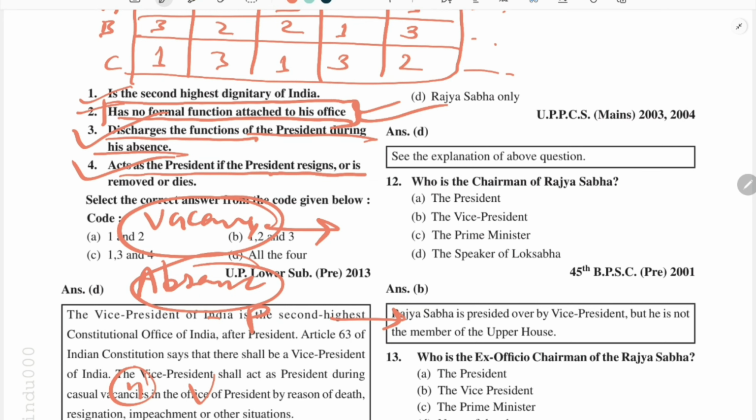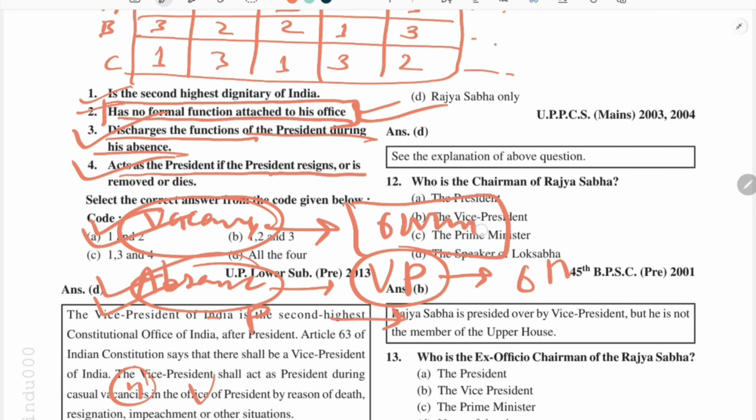When the president is absent due to illness or any other reason, then the vice president acts as a president until that president assumes his office. So he can act as a president more than 6 months in the case of absence, but in the case of vacancies, only up to 6 months. So there is a difference between vacancy and absence.